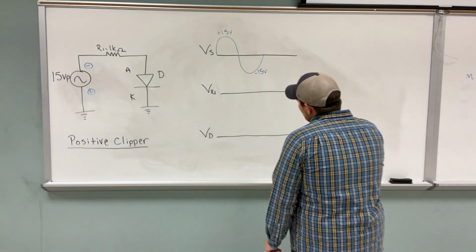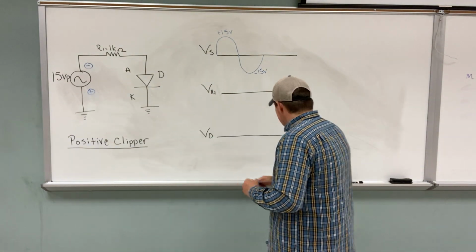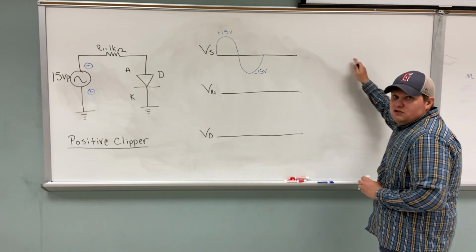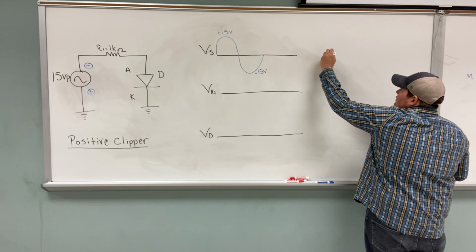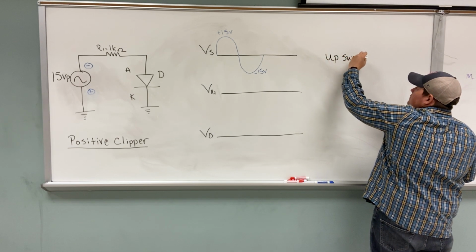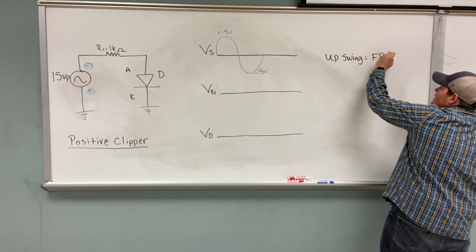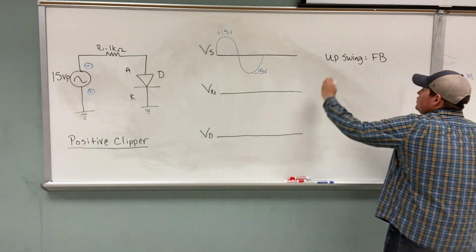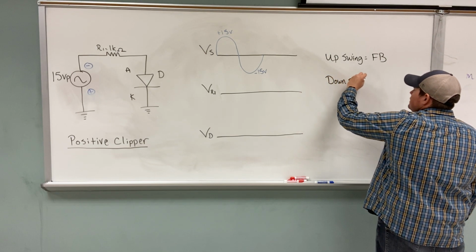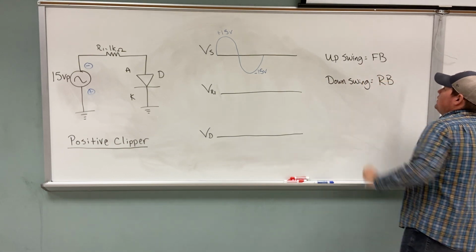All right, let's look at what everything would look like. Let me write it out here to the side: the upswing equals forward bias, and the downswing equals reverse bias.